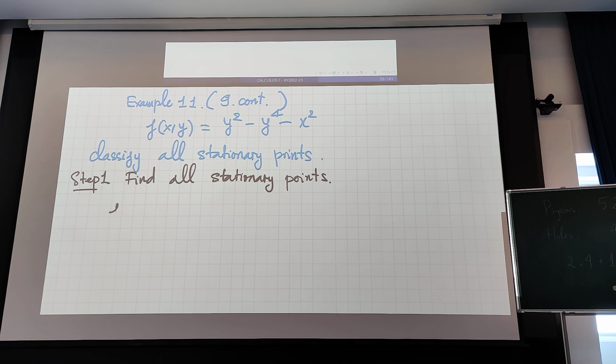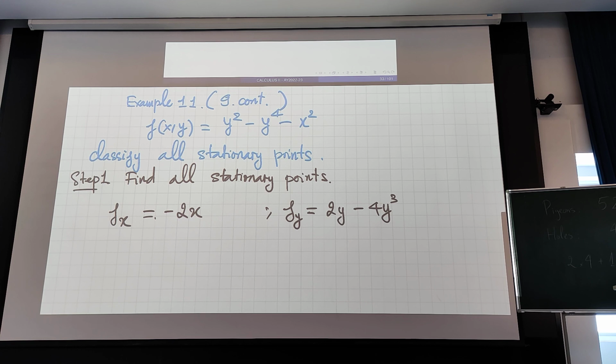That means we need to find fx, and you can see if you want to calculate the partial derivative with respect to x, the idea is to keep y as constant, right? So you have this. And similarly, fy equal to 2y minus 4y cubed, right?